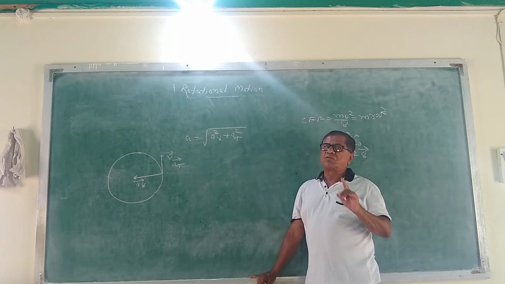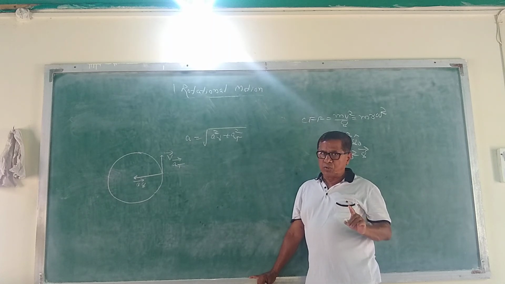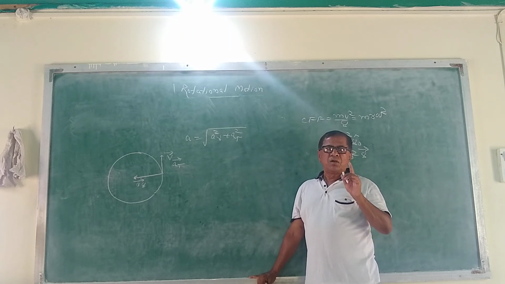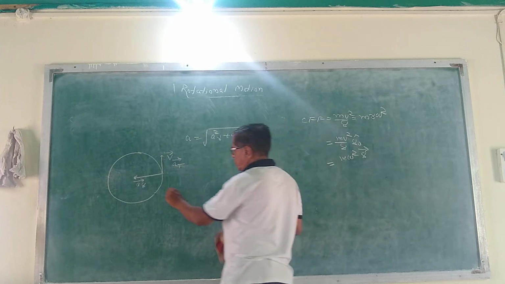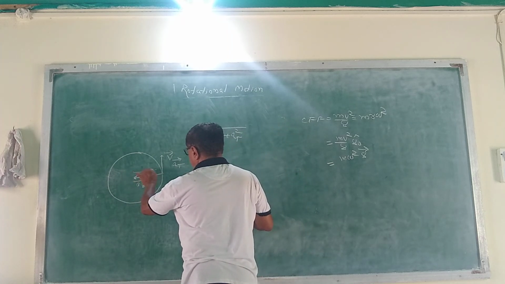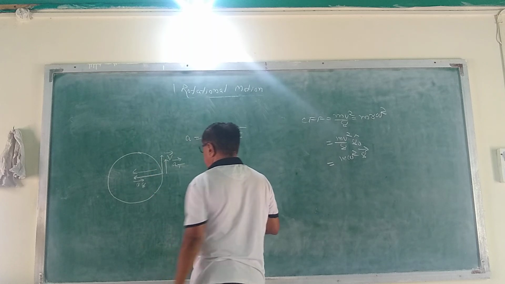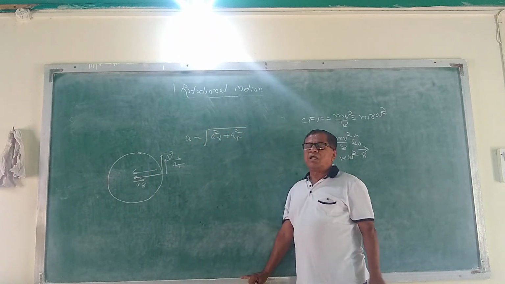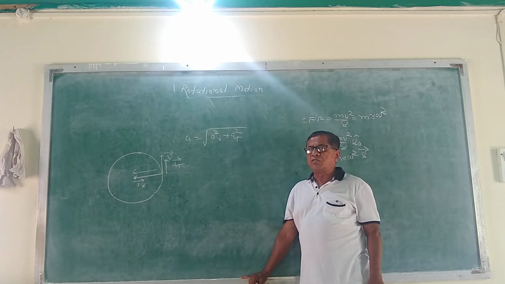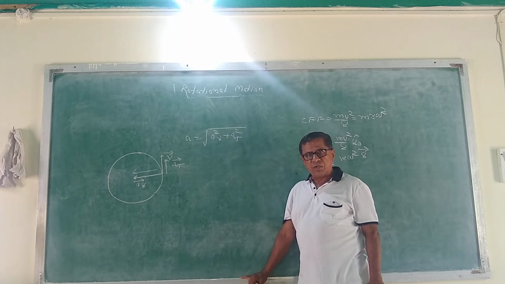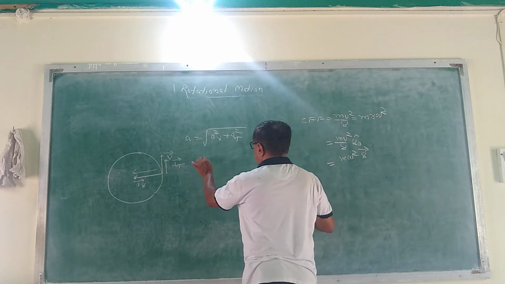In the case of the circular motion, the work done is equal to 0, because the force is in this direction and the displacement is in this direction. That is, the angle between the force and the displacement is 90 degrees. We take the work as the product of F bar dot S bar.